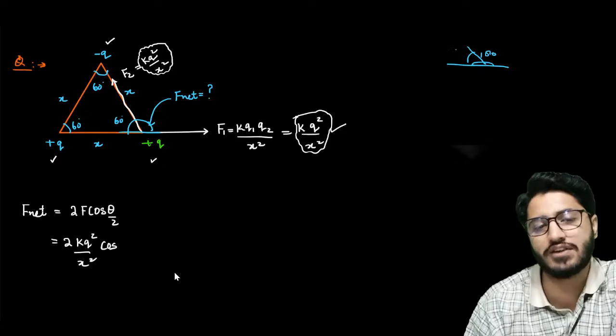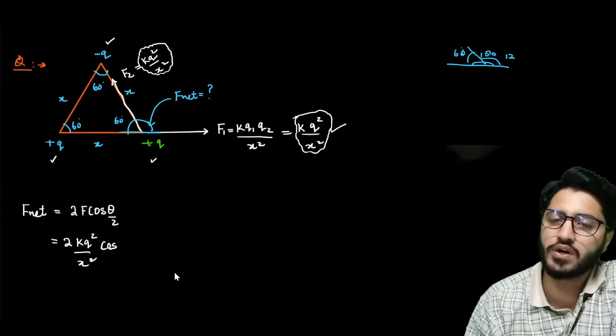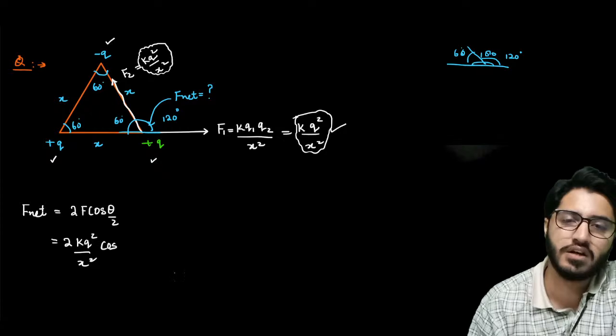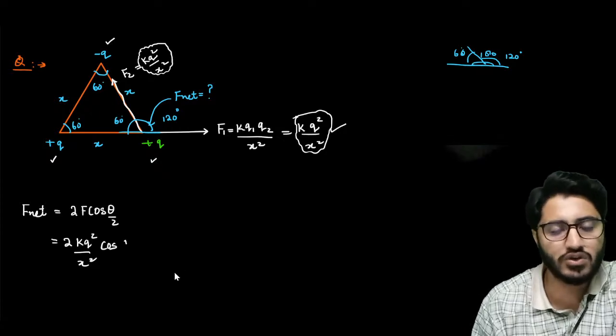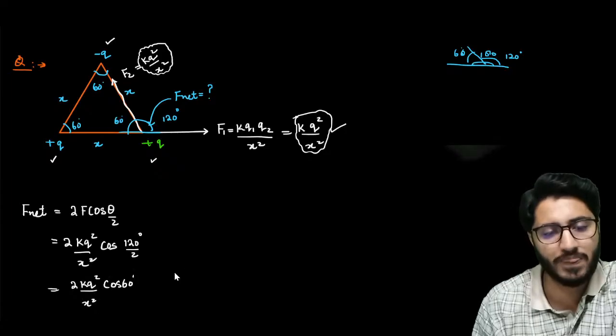If this angle is 60 degrees, this would be 120 degrees. So I will write cos 120 degree by 2. By further simplification, I can write 2 kq square by x square, then we have cos 60 degree.